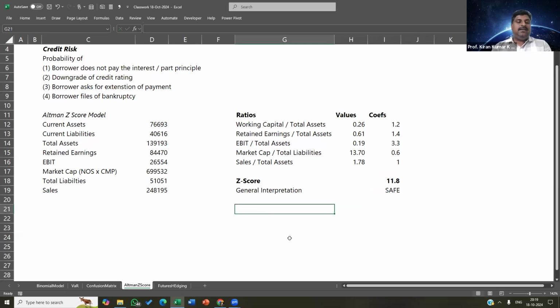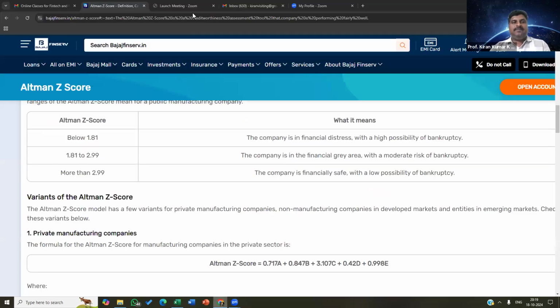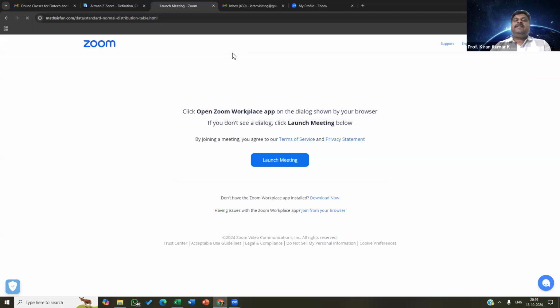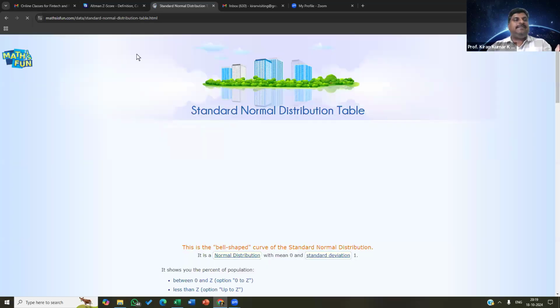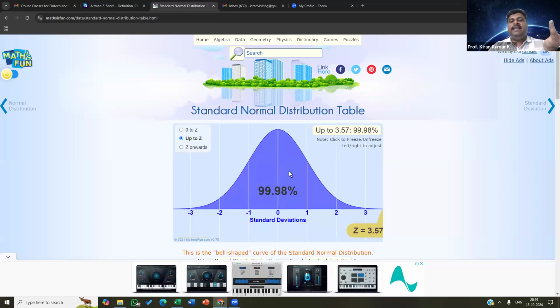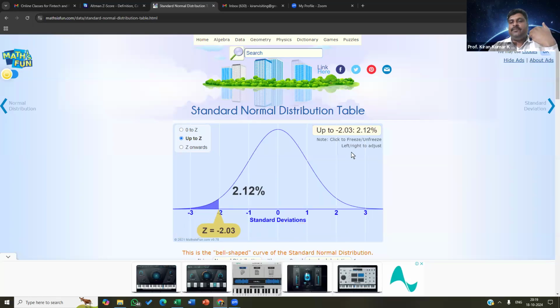We'll try to assess what is called the probability of default. Here I would like to explain what the Z score actually means. For instance, I'm opening a website called Math is Fun that gives an interactive normal distribution table. This is basically how any large data can be distributed.